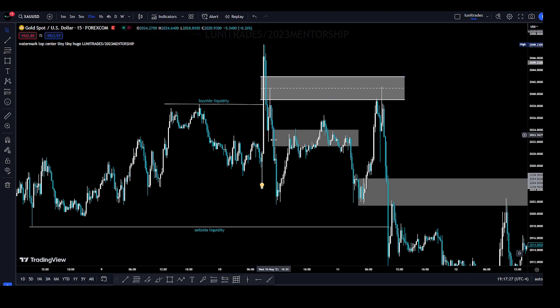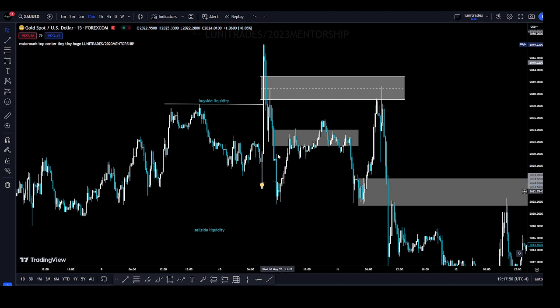So you want price to break this low. That is the leg that made the raid. You want price to break the low, which is what happened here. I did notice with the line there, but I'm noticing here with the bulb. So you see, price has broken it way past it, right?